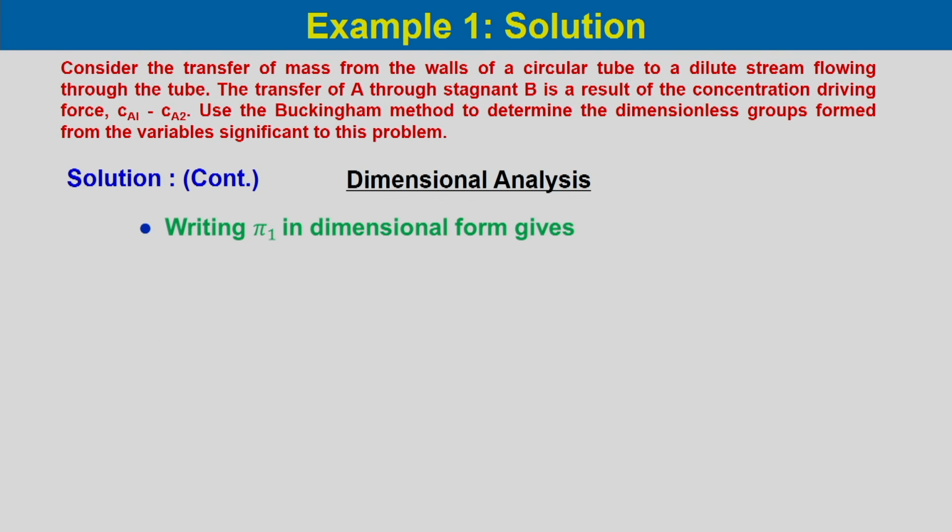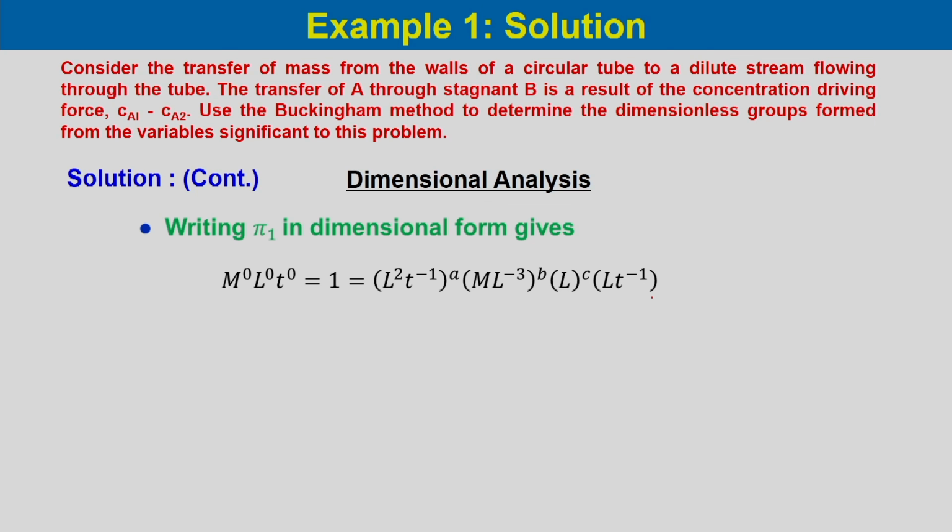Now, writing pi 1 in dimensionless form gives M to the power 0, L to the power 0 and T to the power 0, which is equal to 1, which is equal to (L squared T to the power minus 1) to the power A, into (M L to the power minus 3) to the power B, L to the power C, and (L T to the power minus 1).